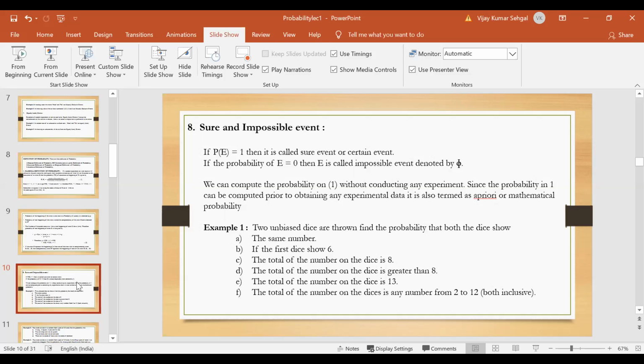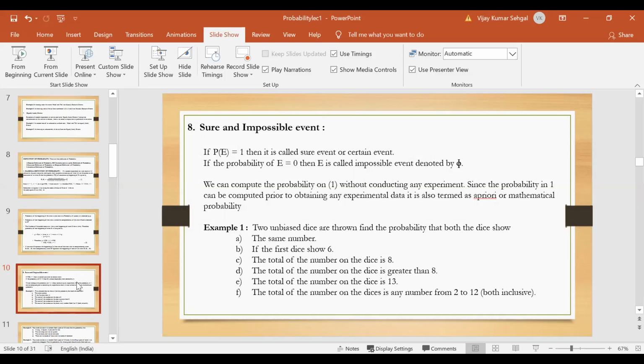Next, the total of the numbers on the dice is 8. How will 8 come? If we have 6 on the first die and 2 on the second die, then 6, 2 becomes 8. Similarly, 5 on the first die and 3 on the second die, 5, 3, 8, then 4, 4, 8, then 3, 5, 8, and 2, 6, 8.